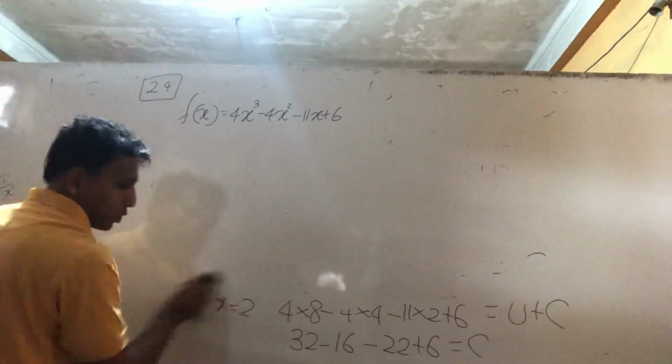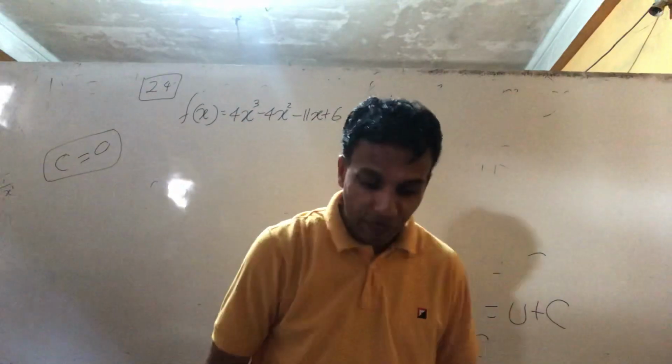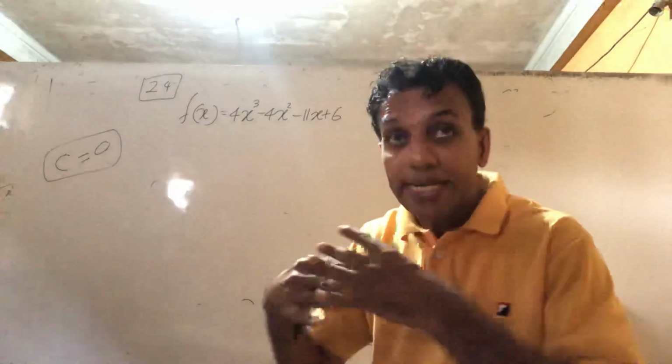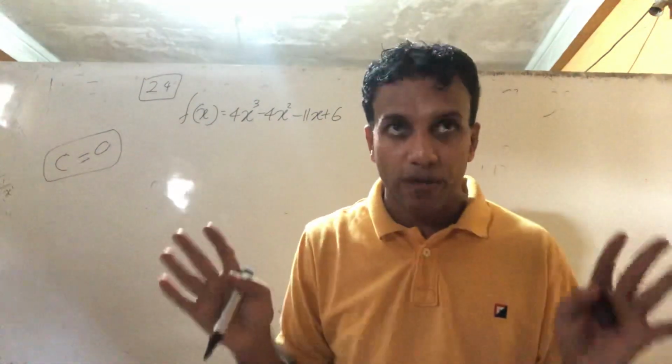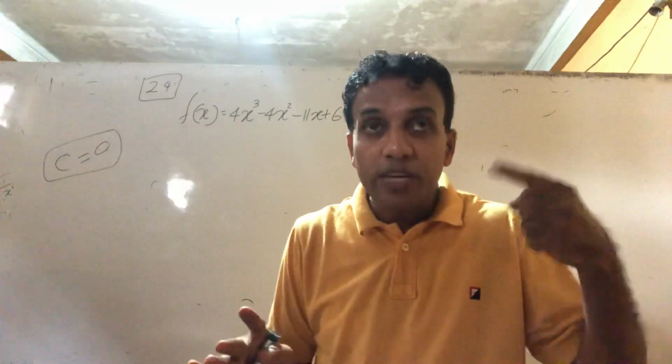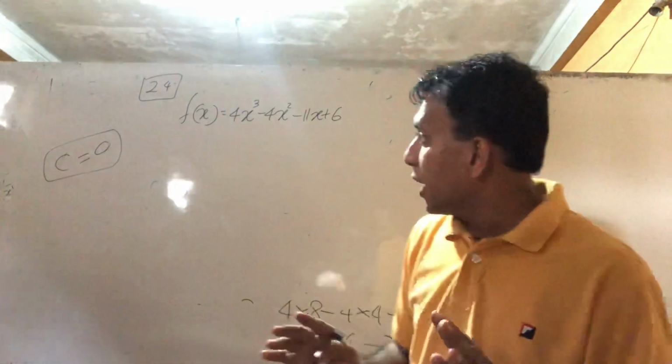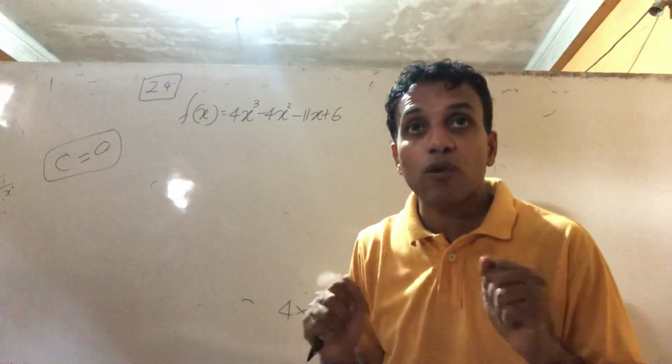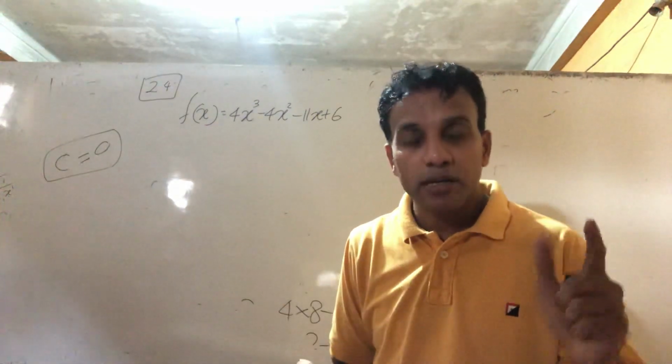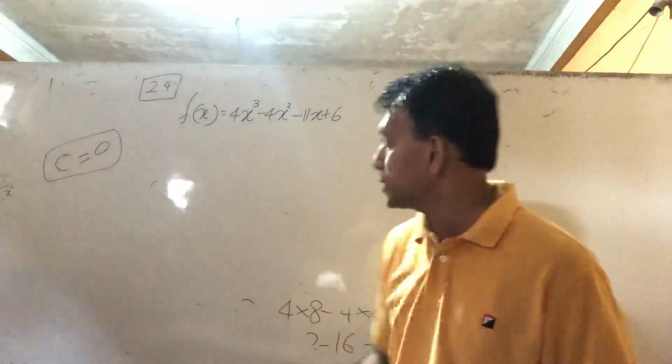The second part is over. Last part: factorize f(x) completely. As I mentioned in the previous problem, same idea. I want to find what the remaining factors are, so I follow the long division method, right?